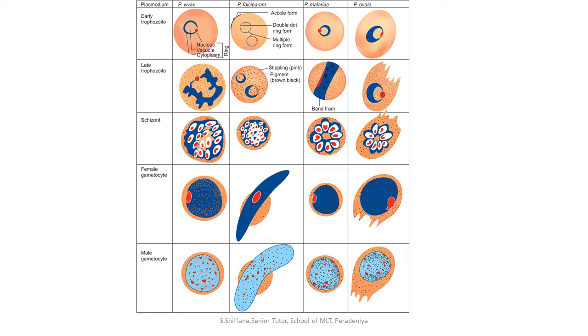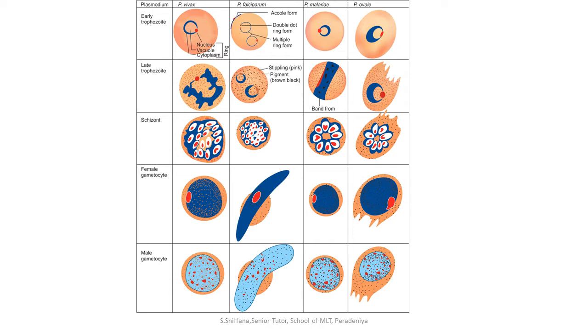These male and female gametocytes are present in our bloodstream, and then the mosquito takes a blood meal. These gametocytes enter the mosquito, and the female gametocyte converts to a female gamete, and the male gametocyte converts into a male gamete. Inside the mosquito there are some morphological changes.